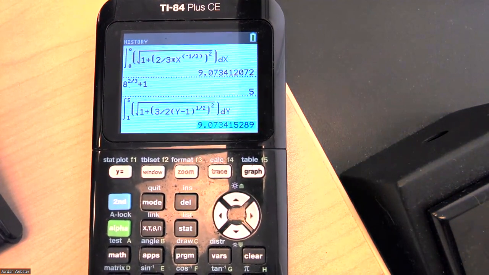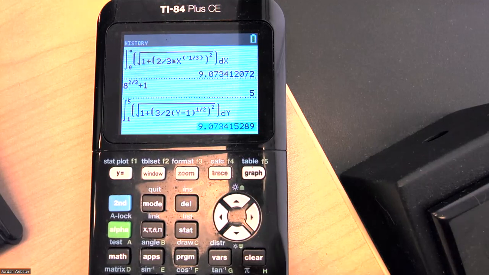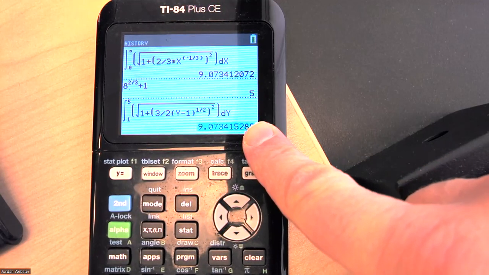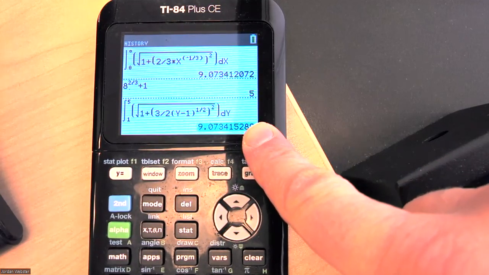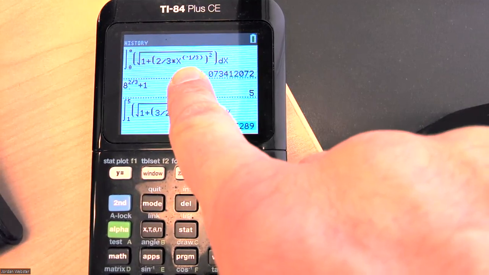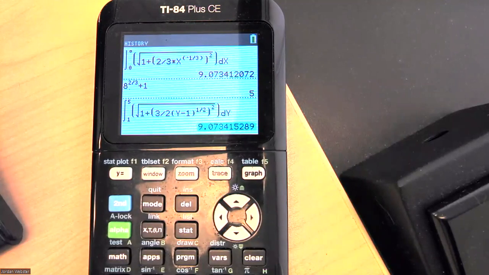The one I guess that is probably more accurate to the real thing is probably the second one, because this negative exponent in the first one might be throwing things off at a microscopic level. That makes sense.